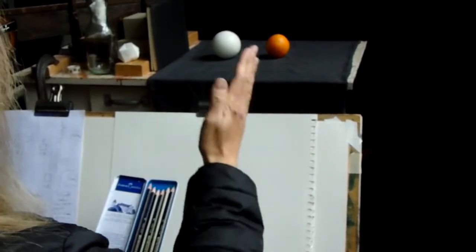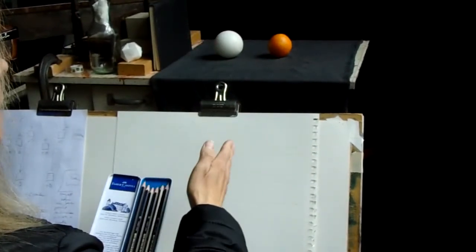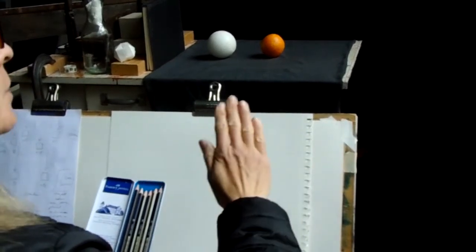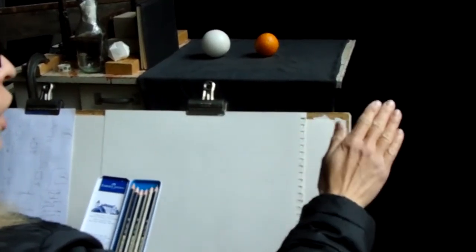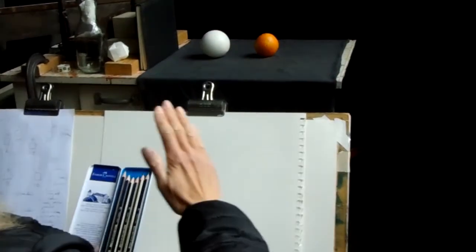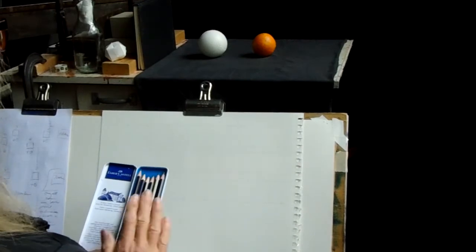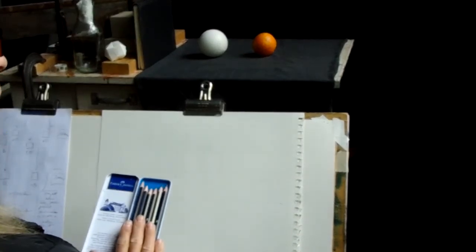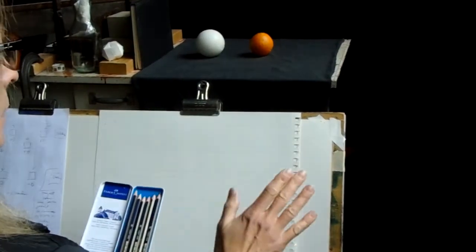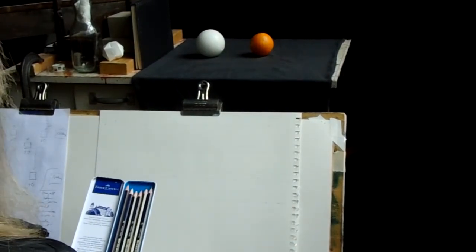And so if we move from B to 2B, 3B, 4B, 6B, it keeps getting softer and softer, darker and darker. Now, the B is the beginning of the softs, but there's a pencil in your case called HB, and that's the division between the hard pencils and the soft pencils, okay?